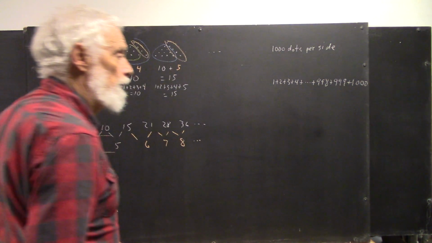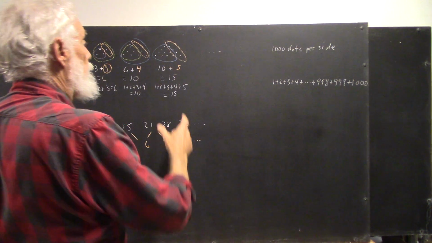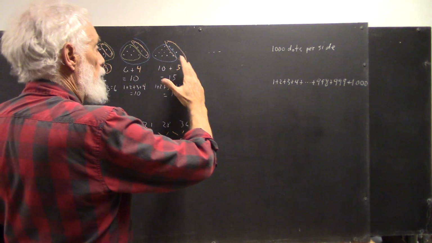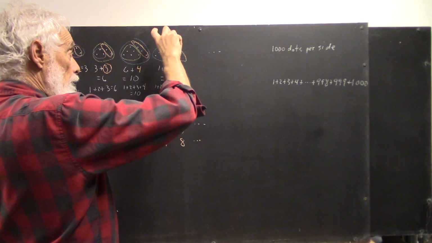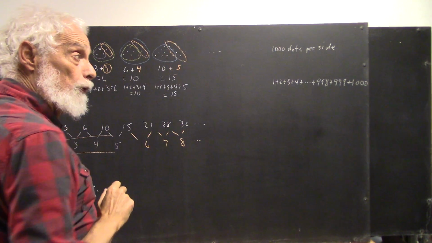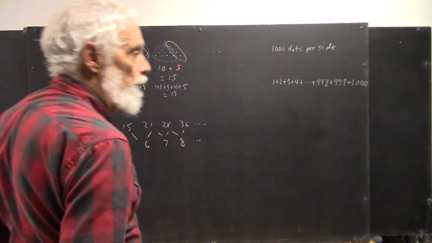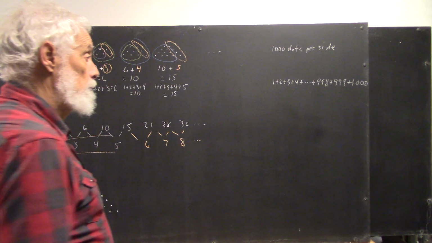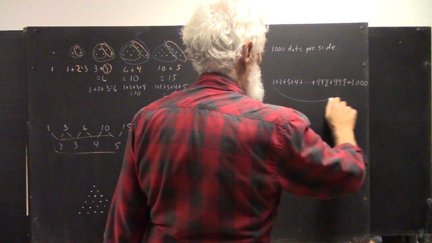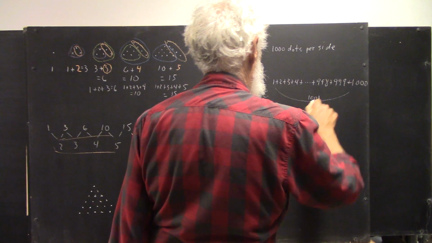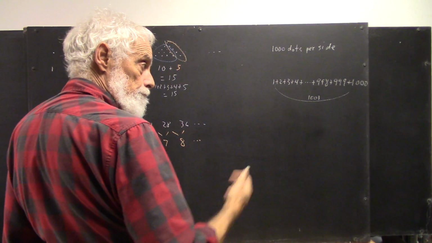Well, the pattern will continue. You can see clearly that every time you expand this thing, you're going to have to add a row of dots, and it's going to have to be 1 dot longer than the one before. So we're going to have the numbers from 1 to 1,000. Well, how do we get that? Well, we pair them up, 1,001. Okay?